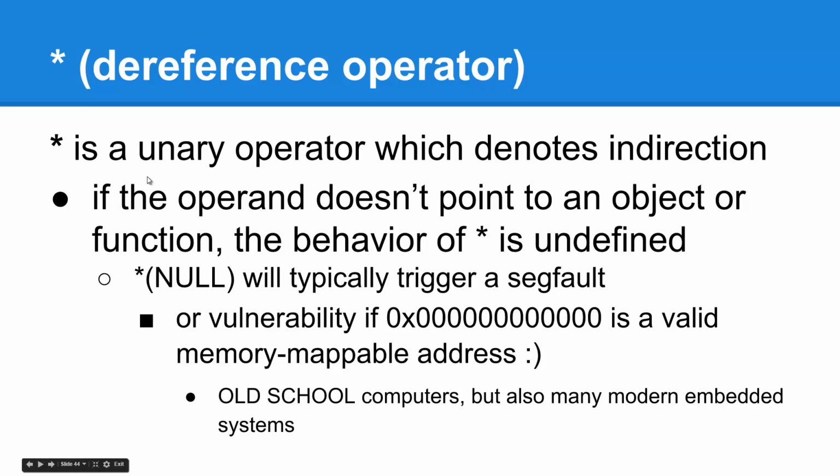When used as a unary operator, not in a declaration statement, it will dereference the variable. At the assembly level, it will load the address given by the pointer and store the value at that address into a register.